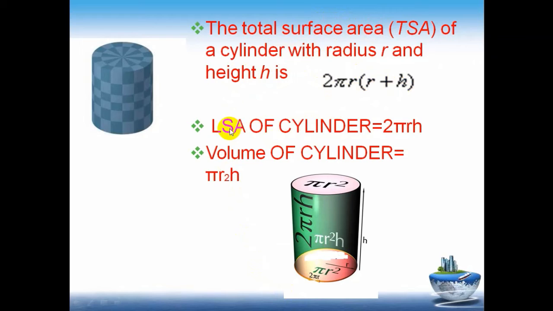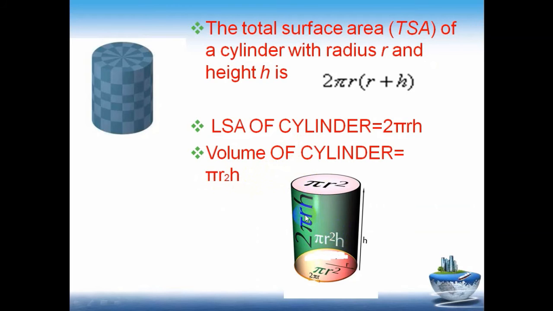And the lateral surface area of a cylinder is 2 pi r h, and the volume of the cylinder is equal to pi r squared h. Pi r squared h is the volume. 2 pi r h is the lateral surface area.